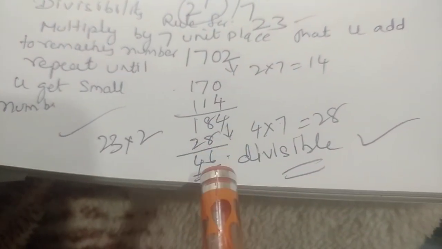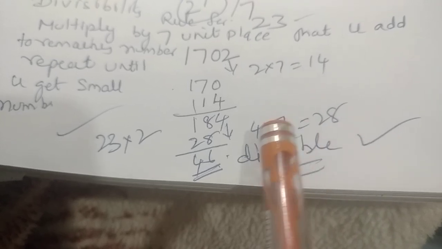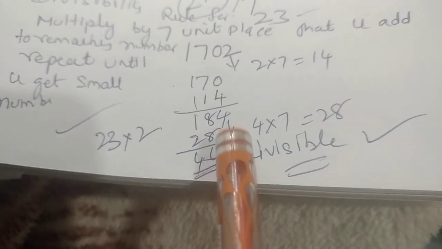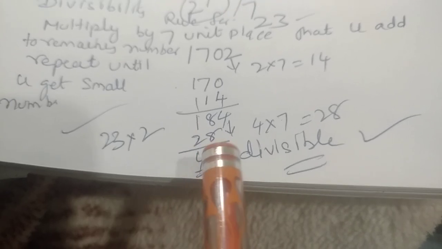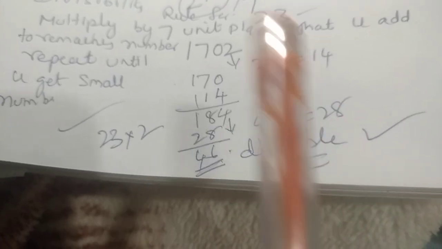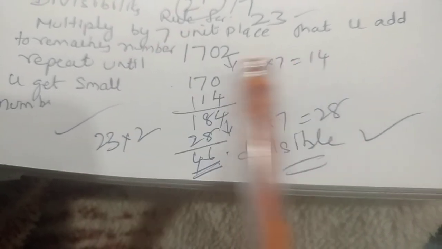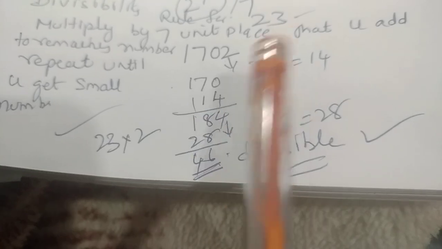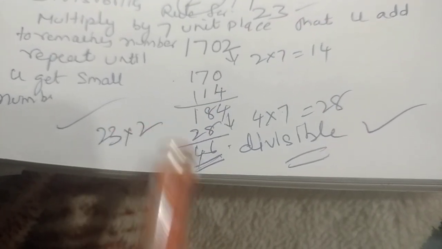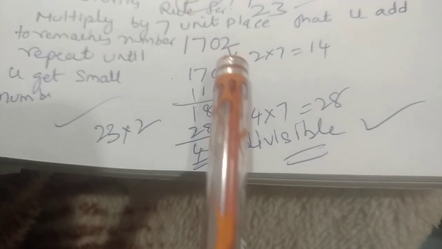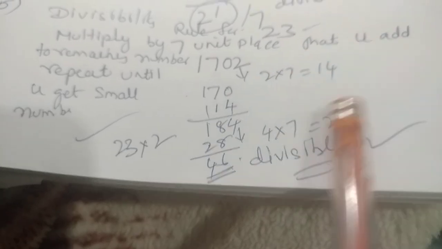Multiply 4 by 7, 7 fours are 28, add 28 to 18 and you get 46. Check whether 46 is divisible by 23. It is, since 23 into 2 is 46. Hence 1702 is divisible by 23.